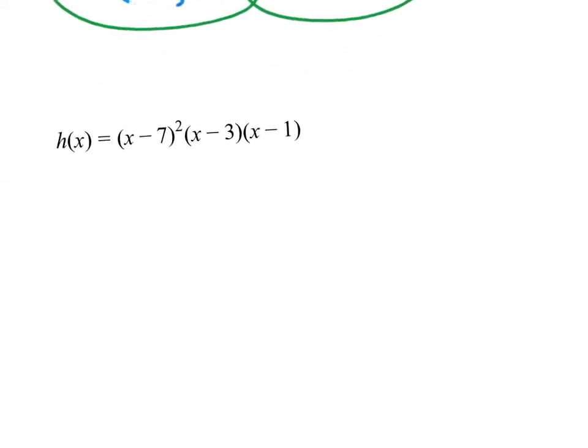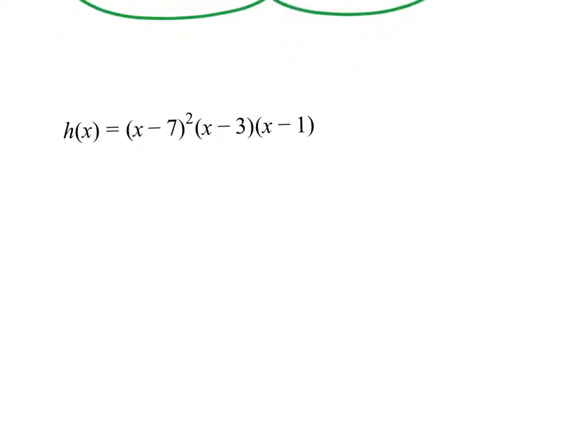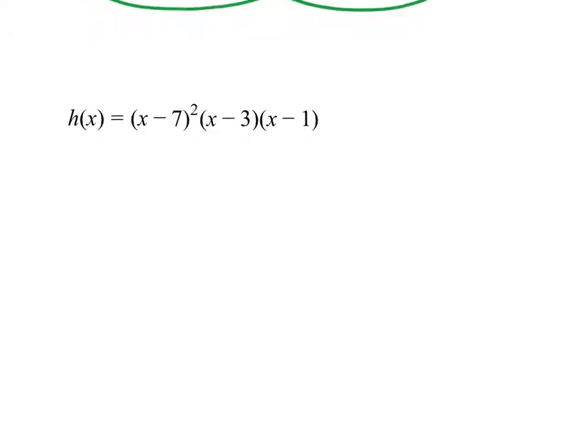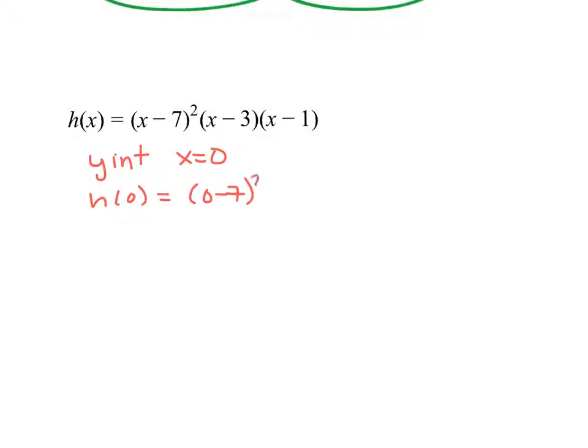Now, this one looks a little longer, but actually it's really nice because it already has everything factored out. So y-intercept, we're going to still do the same thing. We're going to set x equal to 0. So h of 0 is going to be 0 minus 7 squared times 0 minus 3 times 0 minus 1, which is going to be negative 7 squared times negative 3 times negative 1.